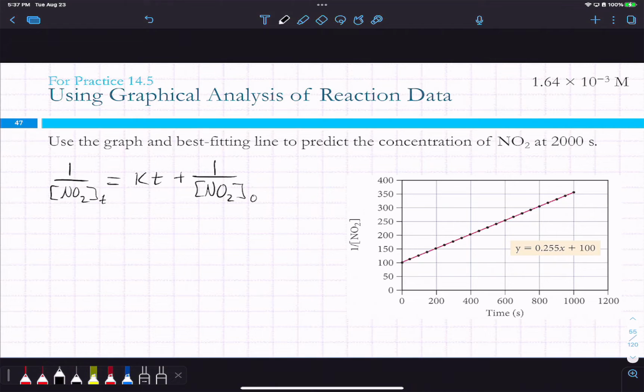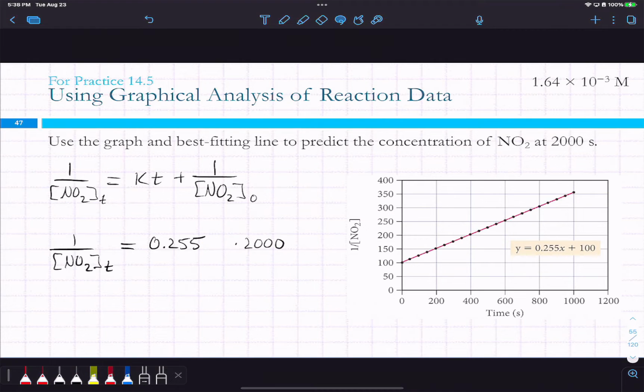Okay, so we're going to solve for 1 over NO2. So K is 0.255. T is going to be 2,000 seconds. Actually, I should write this in too.